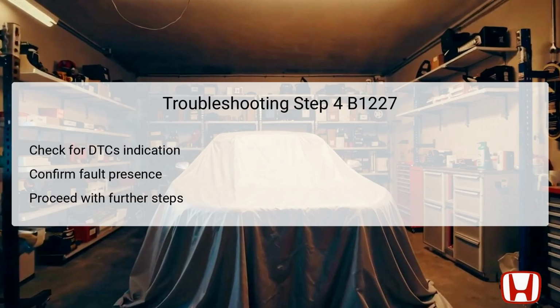In the fourth troubleshooting step, it is crucial to verify if DTC B1227 or the C and auto indicator is present after completing the self-diagnostic function. If the fault code is confirmed, it indicates that the problem persists within the outside air temperature sensor circuit.